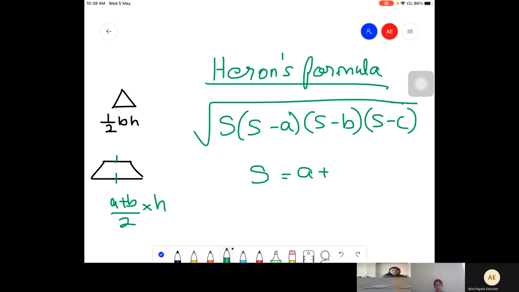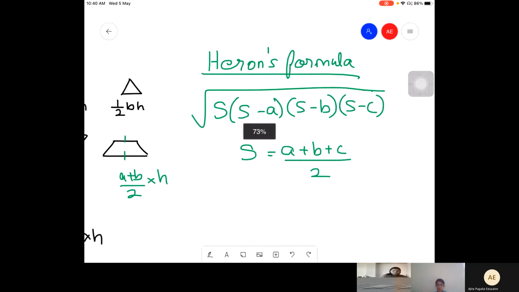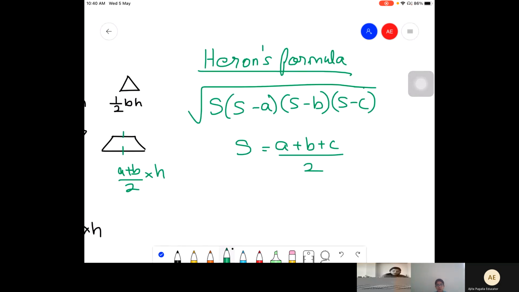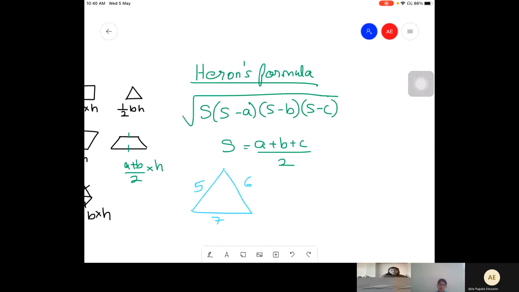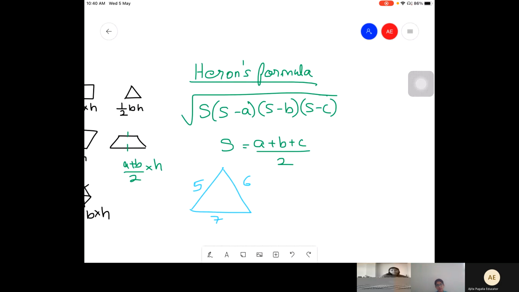S is the average of the three sides. So if you have a triangle, let's say a triangle of sides, it would be 5. It's unconventional to use it, but actually, you could use it if you don't know the height.